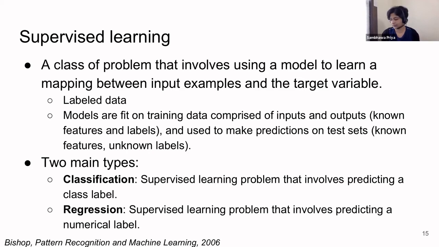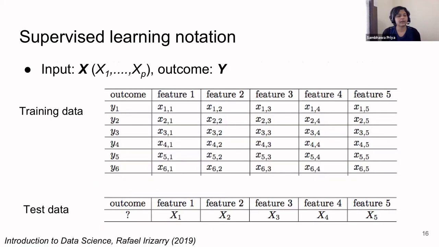This is just to show you a general setup of how this works. We have data that we might have collected previously that has both features and a known outcome. Here the input is the X matrix, comprising P predictors, and the outcome is Y. These are the features, and this together is our training data.